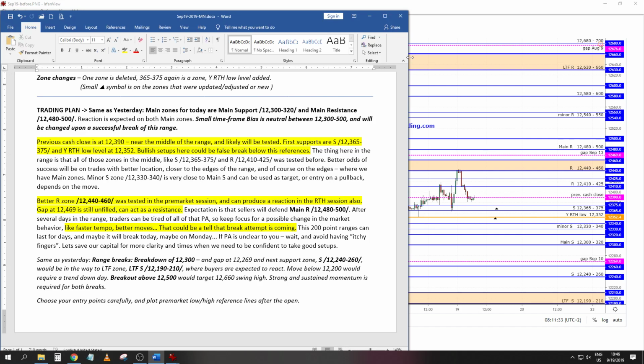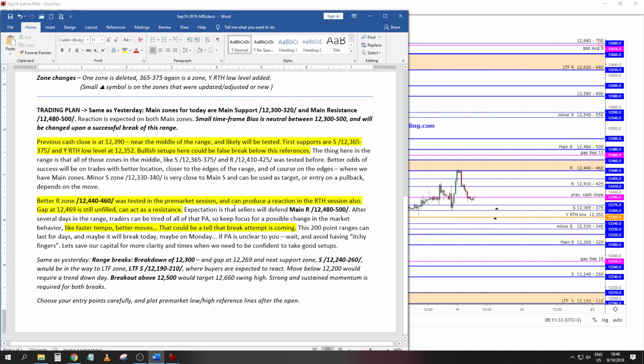You know that 240-minute chart, because you're getting that chart very often, and that is a level on 460, and the zone is below that level because that is a zone of resistance. And I said that it was tested here in the pre-market session, but it can produce a reaction in the RTH session also, and that gap at 469 still unfilled can act as resistance, and it did.